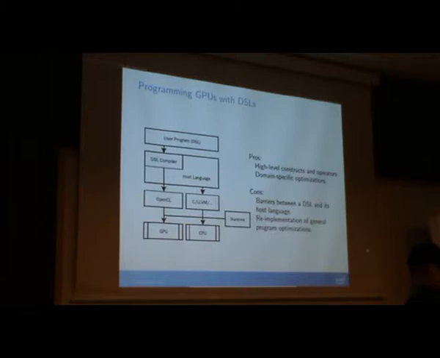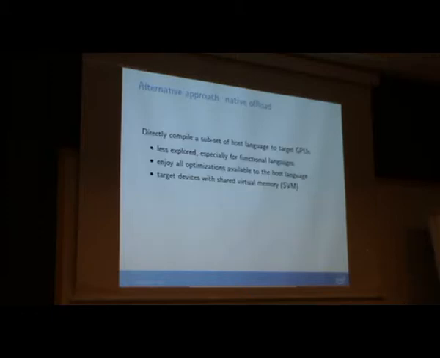So here we just want to take a step back and explore a different approach. What if we can just compile a subset of the host language directly to the GPU target? This is in particular less explored for functional languages.